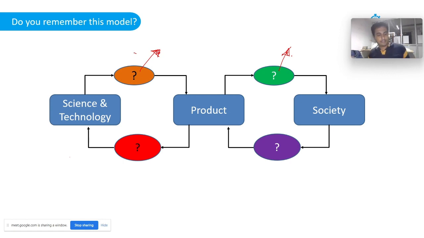Please try to answer these. Okay. So orange is basically knowledge. First is related to engineering design, second is related to industrial design.